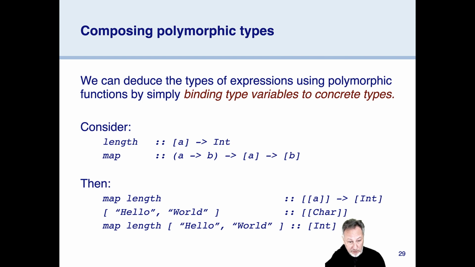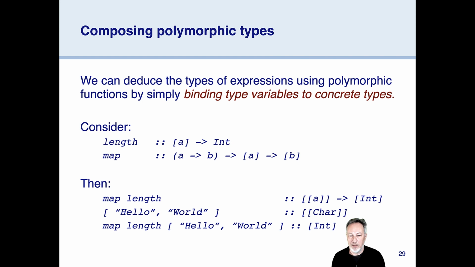Now, if we have particular information, for example, we know that the length function is of type list of a's to int, and the map function is function to list, then we can unify type variables to infer what the type of the expression map length is, and also what the type of map length applied to the list hello world is going to be.